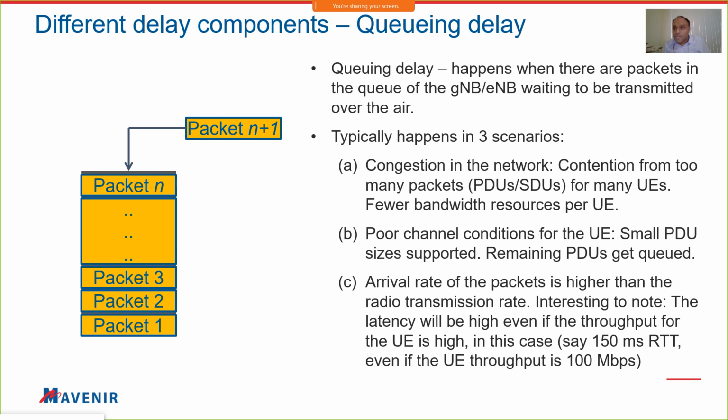The cumulative delay of all the n packets will impact the time at which the n+1 packet gets transmitted. The queuing delay is higher when the network is heavily congested, when the channel conditions of the user are poor, or when the arrival rate of IP packets is higher than the departure rate.